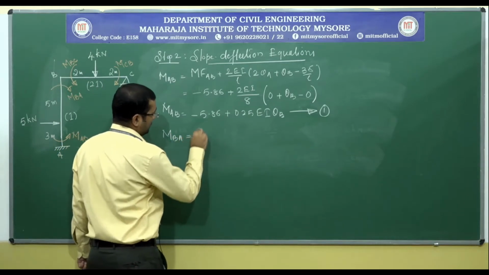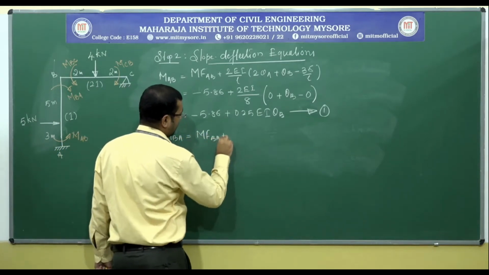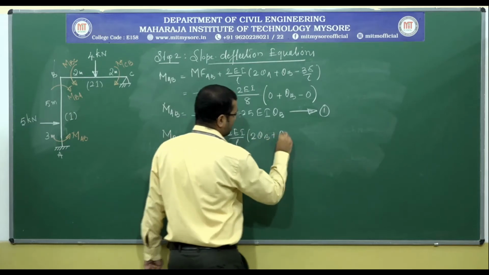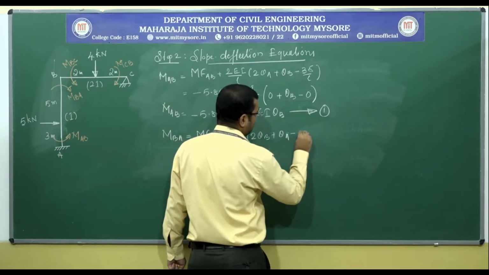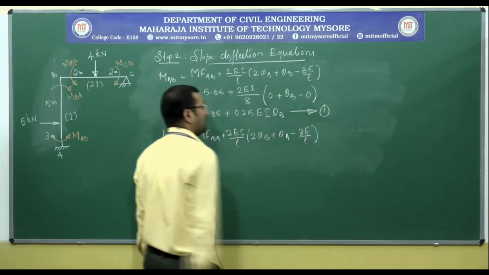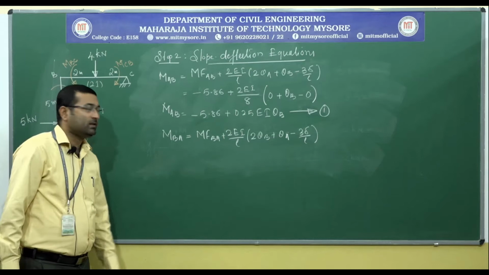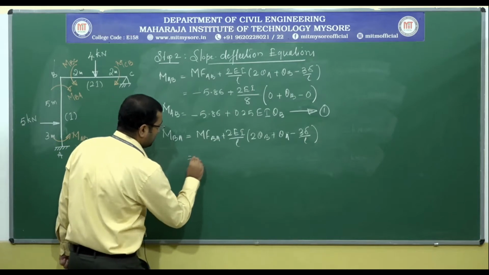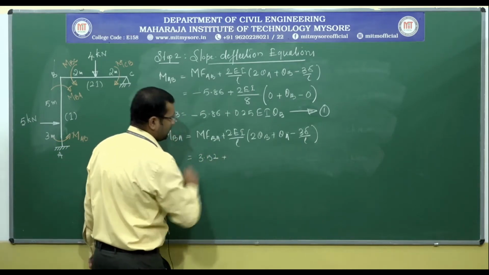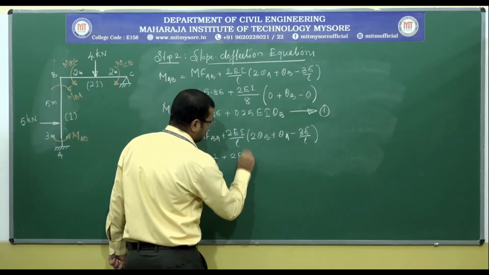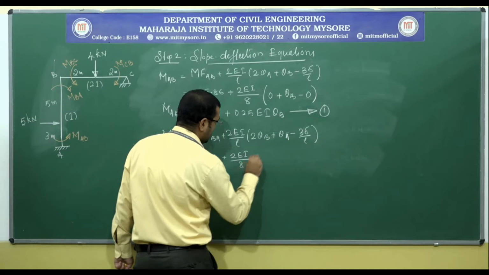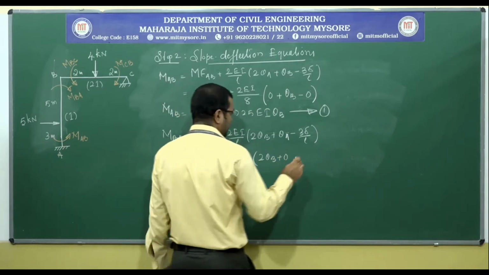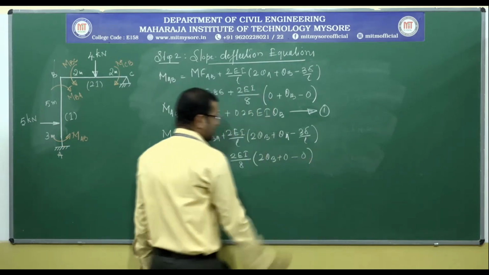So MBA is equal to MFBA plus 2EI by L into 2 theta B plus theta A minus 3 delta by L. So this is the slope deflection equation at B. Here the value of MFBA is plus 3.52 kilonewton-meter, plus 2EI, the I value is I, L is 8, into 2 theta B; theta A becomes 0 as it is fixed, and the delta value is also 0.